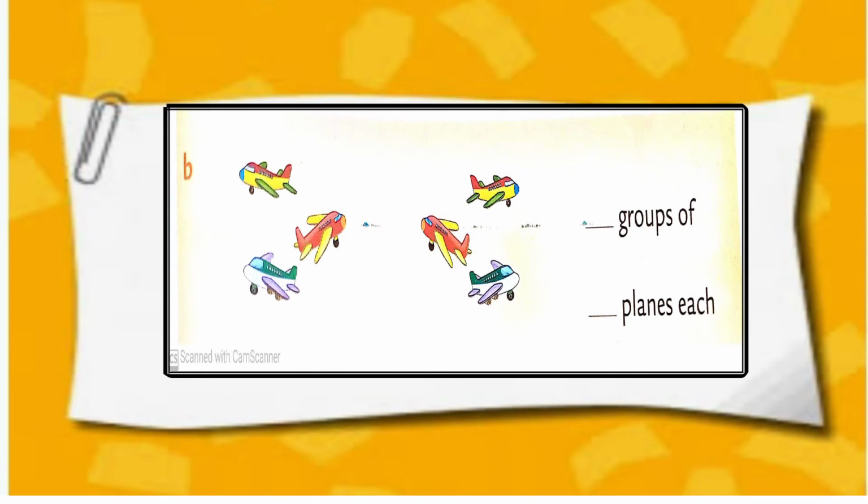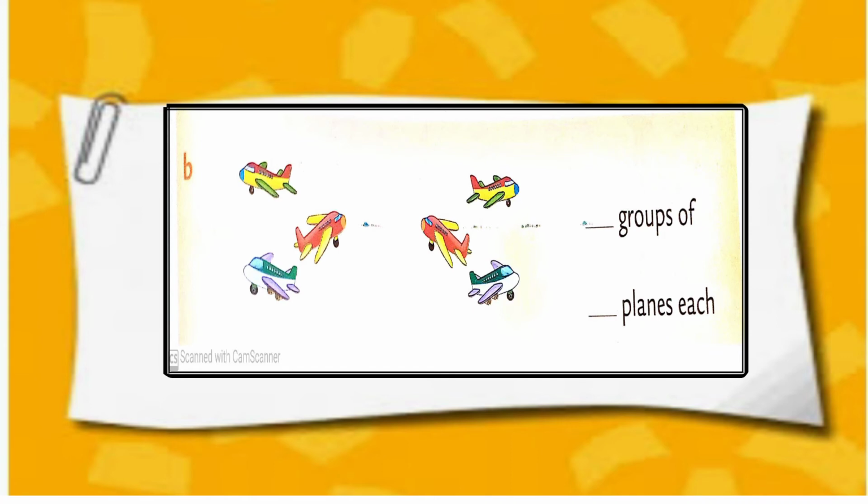Number B. What have you seen on the screen? Aeroplanes. Is the pattern different? Yes, it divides in groups.